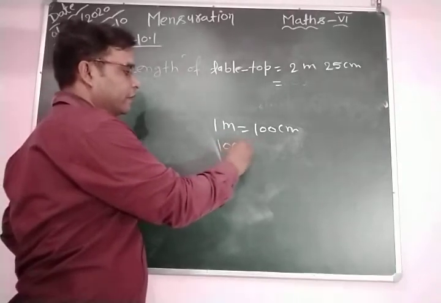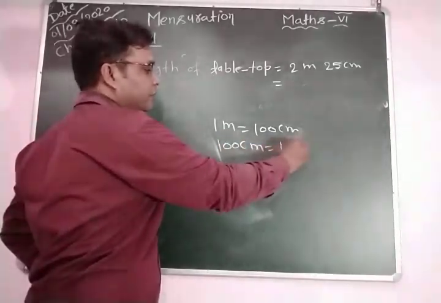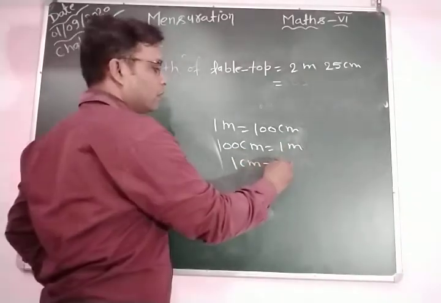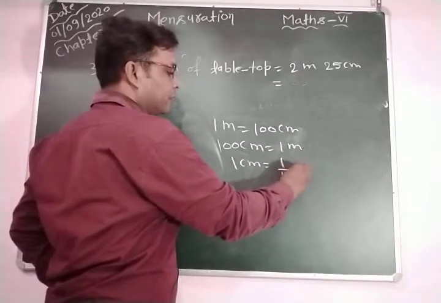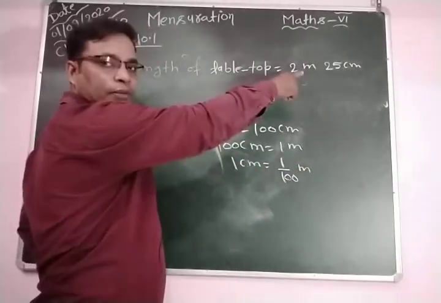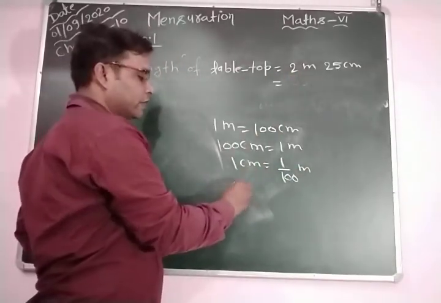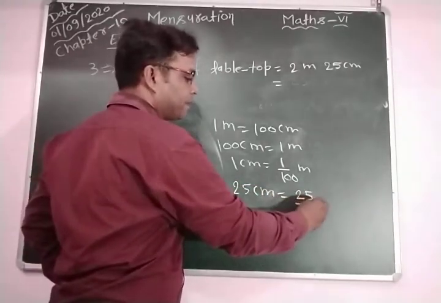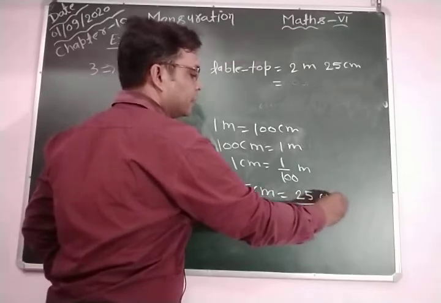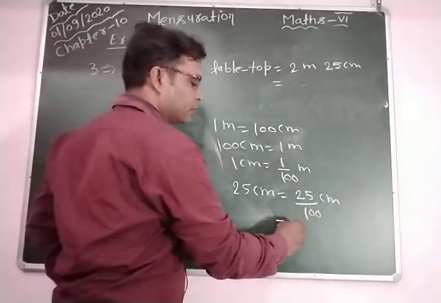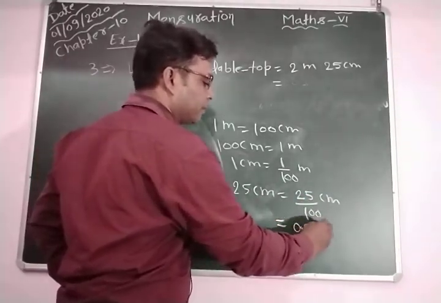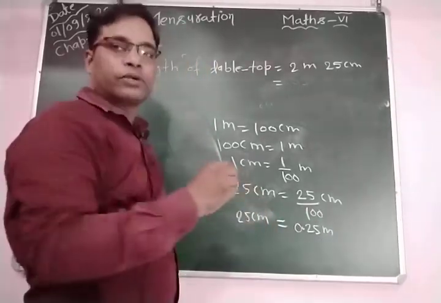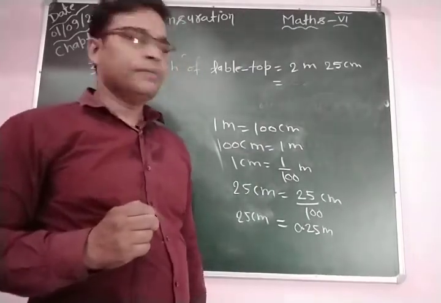Or 100 centimeter is equal to 1 meter, or 1 centimeter is equal to 1 by 100 meter, and we have 25 centimeter here. So we convert 25 centimeter into meter. This is equal to 25 by 100, which is 0.25 meter. It means that 25 centimeter is equal to 0.25 meter.